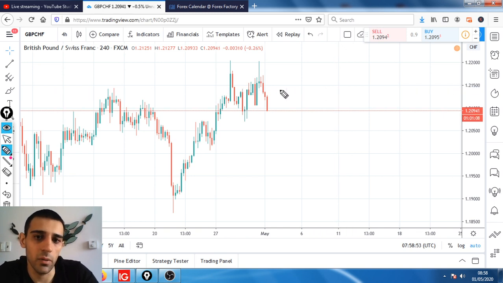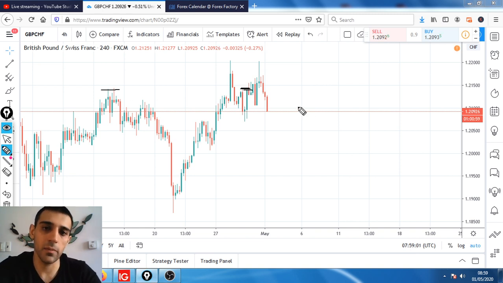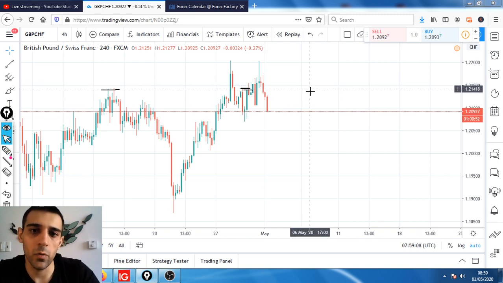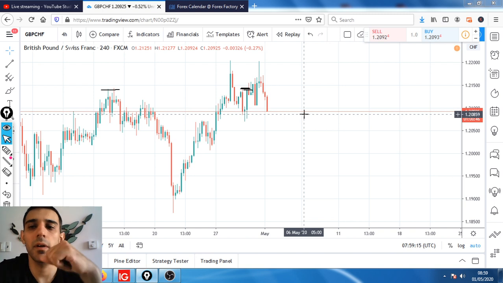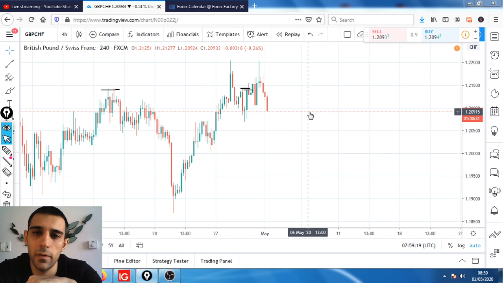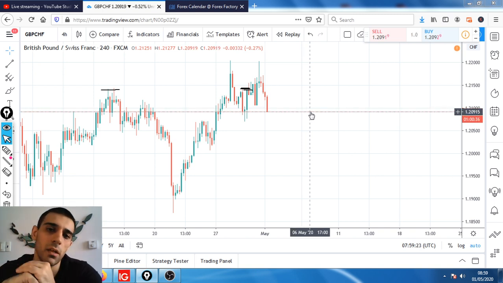The reason is that we have these highs, and it's the same level as here. So we're going to use this 4-hourly time frame for the target. This one is going to be the target at 121.40. Our entry is at 120.85. Let me think, that gives us a 55 pip gain.